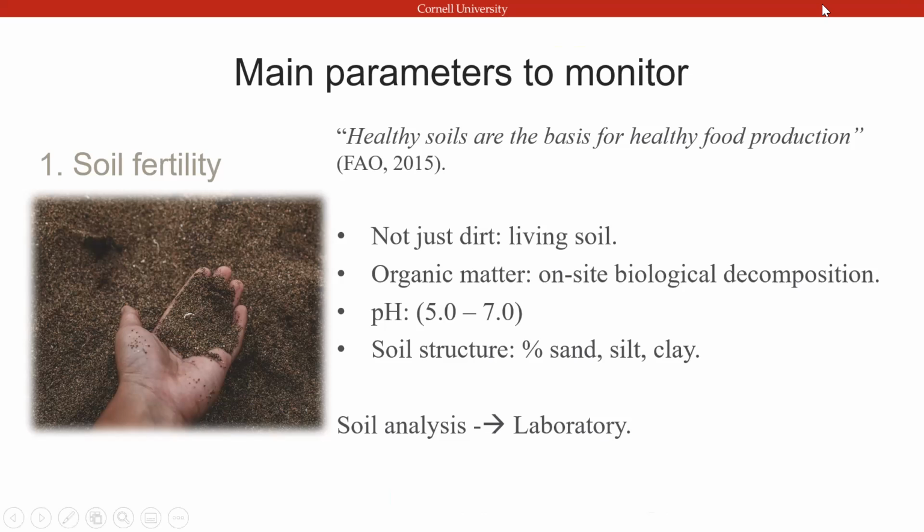So this is why it's very important to keep our soil alive. And when the soil is alive and healthy, we have healthy plants.